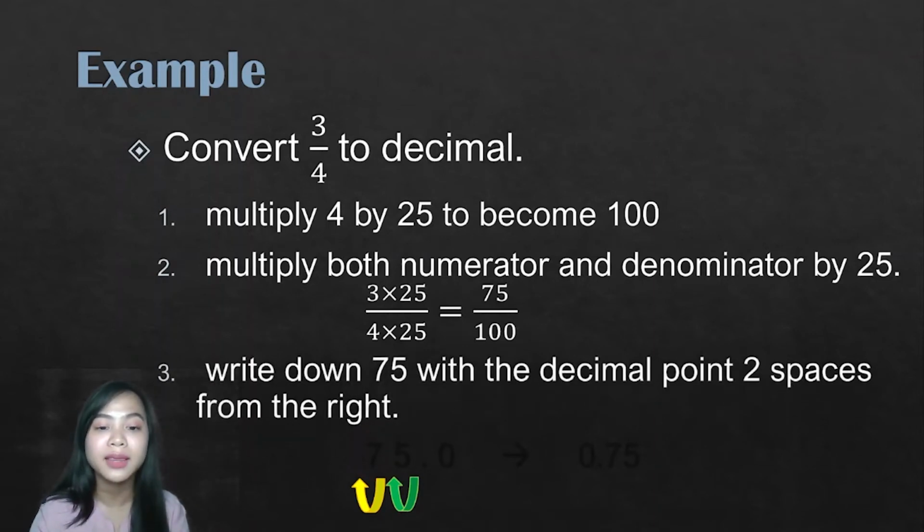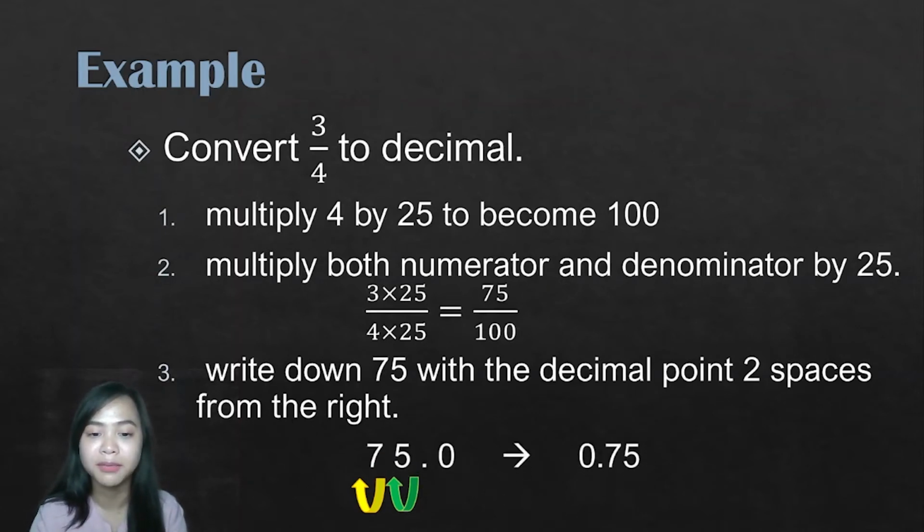We need to write down the decimal with the decimal point 2 spaces from the right, going to the left. So we have here 75.0, with the decimal point placed 2 spaces from the right.